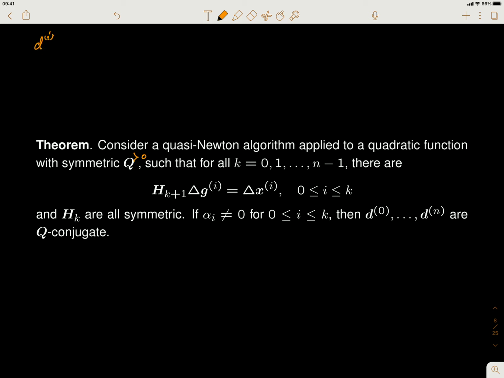I will say it in this way: d0, d1 through dn minus 1 are Q conjugate if di transpose Q dj is equal to 0 for all i not equal to j. Right? That's the definition for Q conjugate vectors.